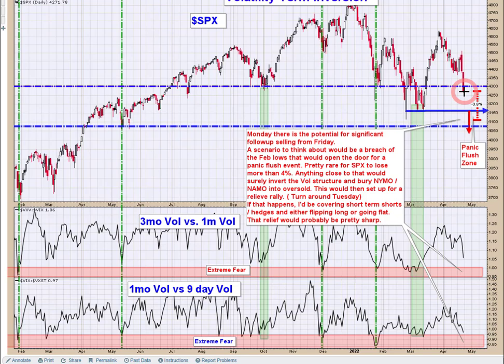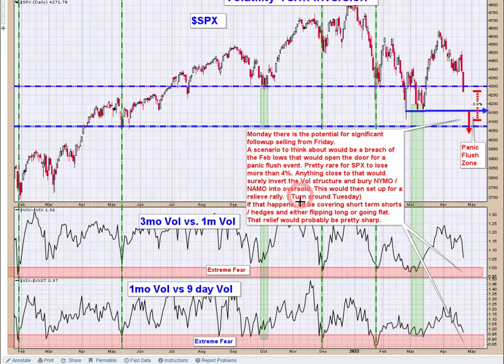So we could come down here 2.5% like we did on Friday, 2.7%, come down here and have those prior lows hold. Or if we break it, that's when you get that flush move and potentially come down like 4% type of a move.